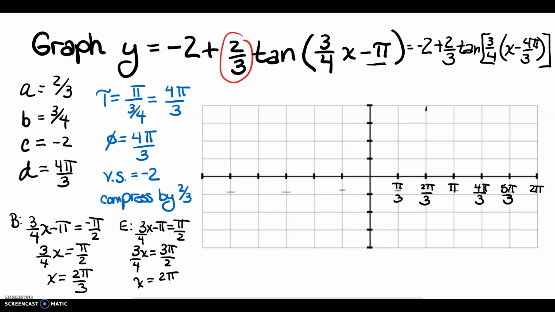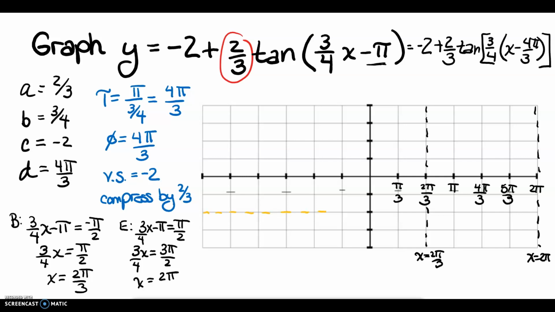I know I'm going to have asymptotes at x equals 2 pi over 3 and 2 pi. And I know I'm going to have a nice vertical shift at -2.